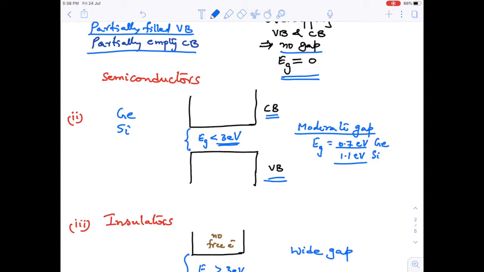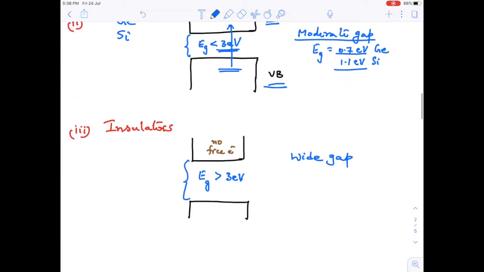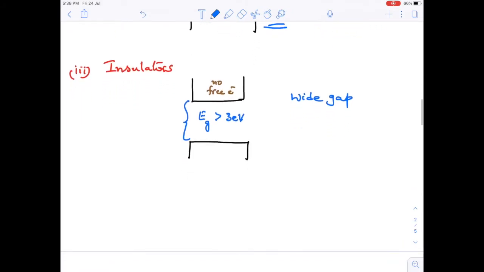So what does that mean? If the electrons, which are the filled valence electrons in the valence band, have enough energy to jump across, then they can reach the conduction band, then they are available for conduction. So they will have moderate conductivity or resistivity.